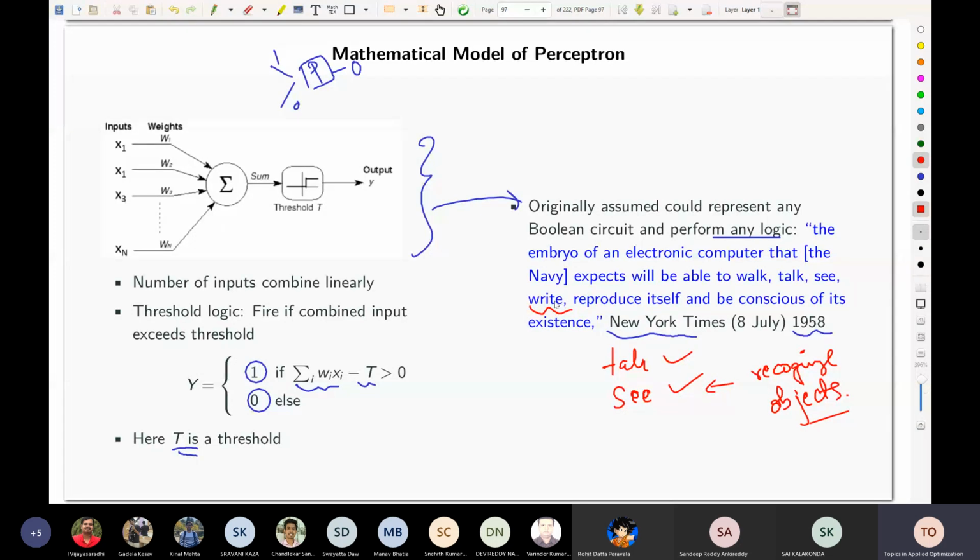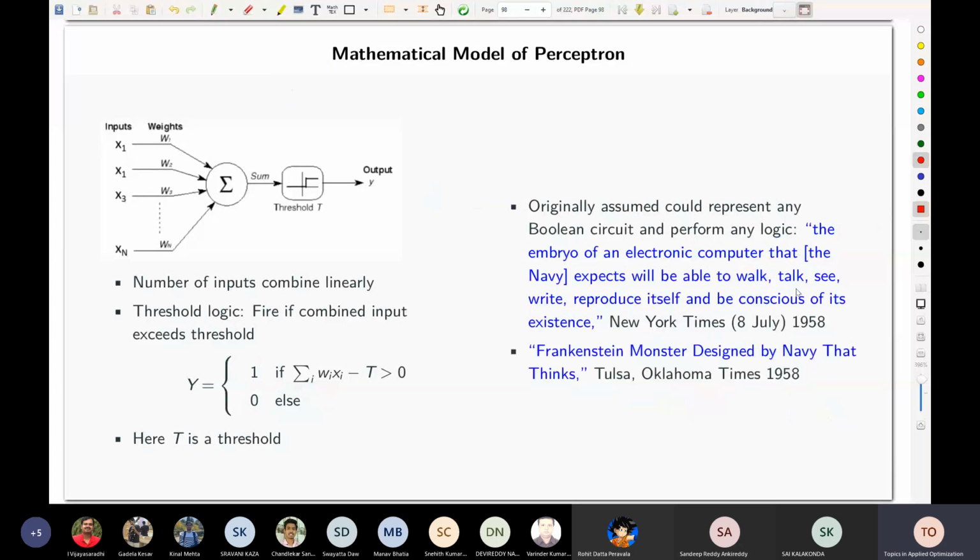So it is possible to write and so on. Maybe walking is still a work in progress. Okay, so that's maybe for the robotics people to figure out, how to make a robot walk using neural networks and so on. Yeah, so it can talk, obviously. So these were the claims, and it seems like to a large extent it's correct now.